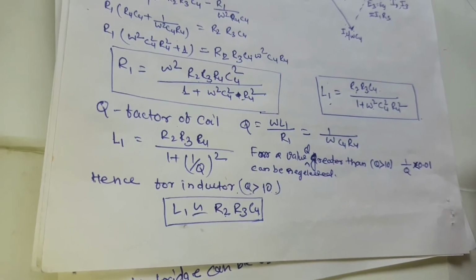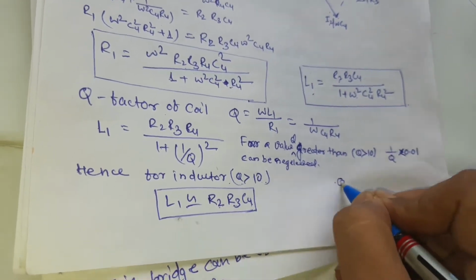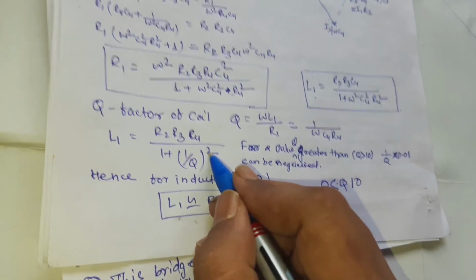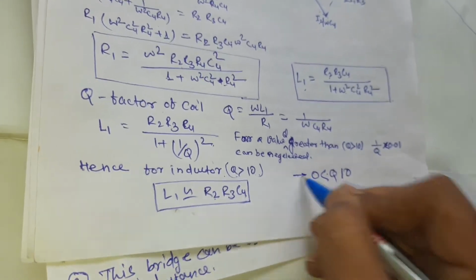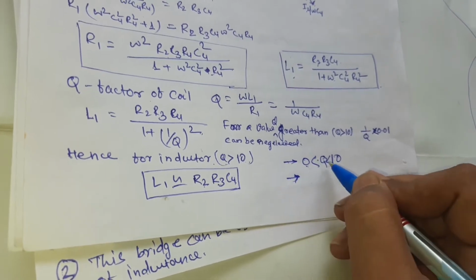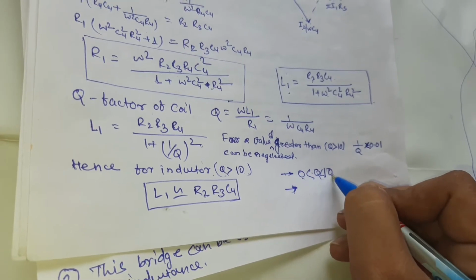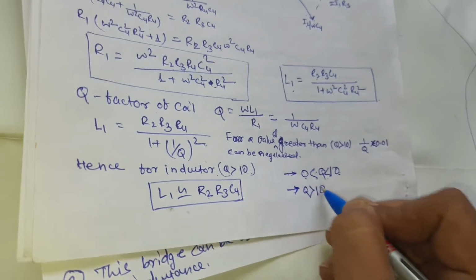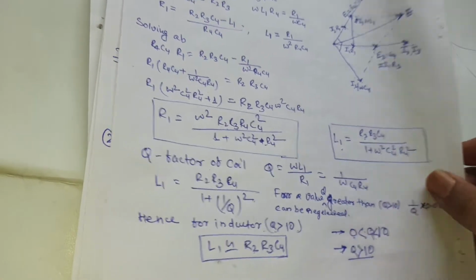If the inductor has a quality factor from 0 to 10, then this 1 by Q square term has a significant value, so you cannot ignore it. So for the measurement of an inductor having quality factor from 0 to 10, Maxwell's inductance capacitance bridge is more useful, and for inductance having quality factor greater than 10, the Hay bridge is more useful.